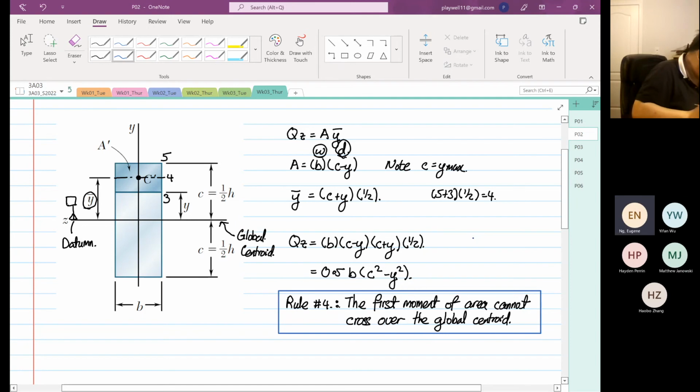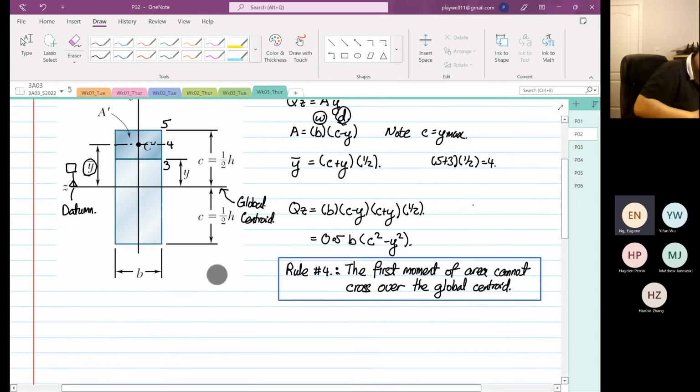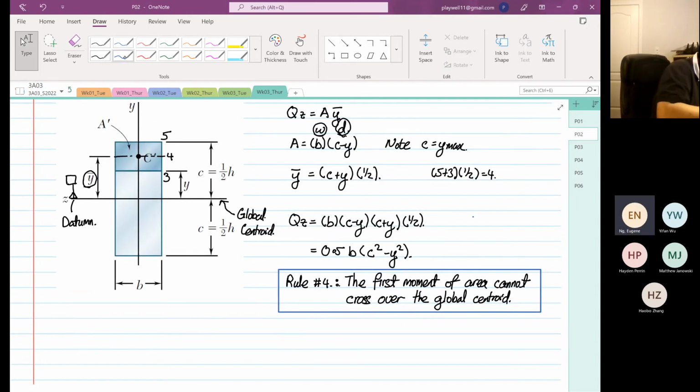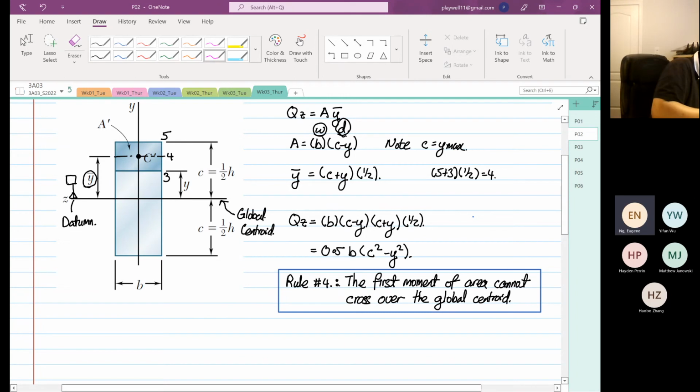And then finally, rule number 5. You will have your Q. So Q is our shear flow.